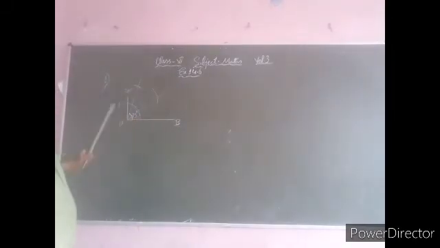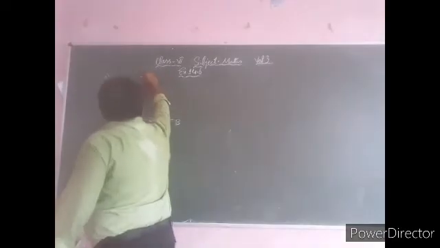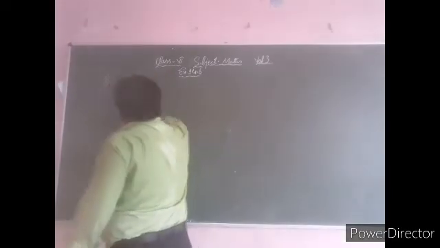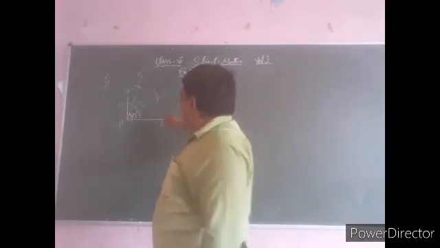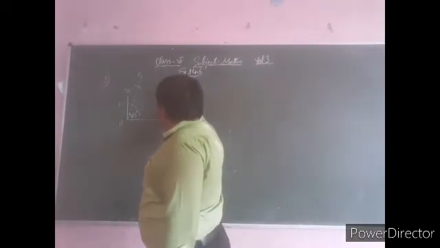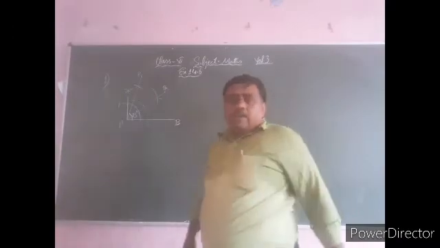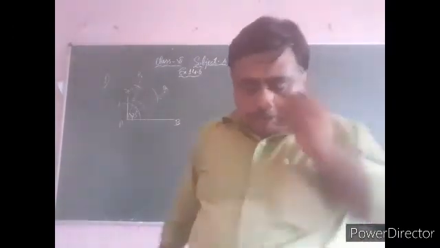This is the line of symmetry. Suppose this is P. PAB is equal to 75 degree, and QA is the line of symmetry.